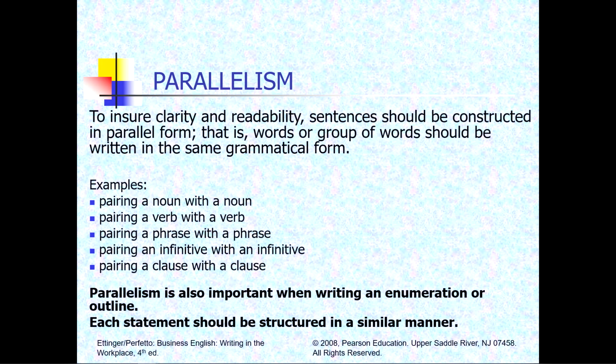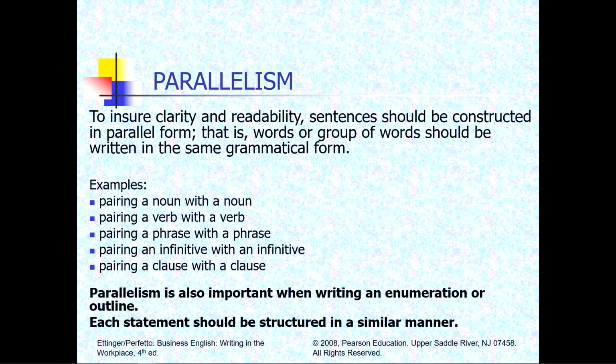Now, is it really wrong if you don't parallel certain structures in sentences, which we'll get to in a minute? Not necessarily wrong, but grammatically it tells you that a sentence could be clearer if you do use parallelism. Okay, so let's see exactly what that means. To ensure clarity and readability, sentences should be constructed in parallel form.